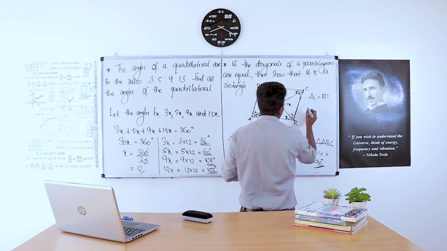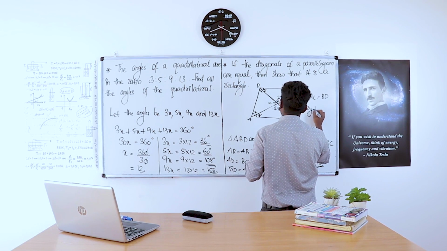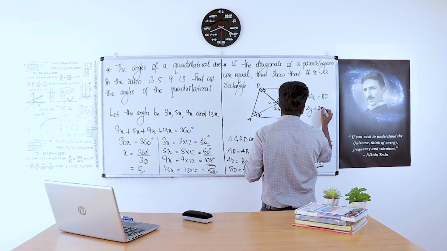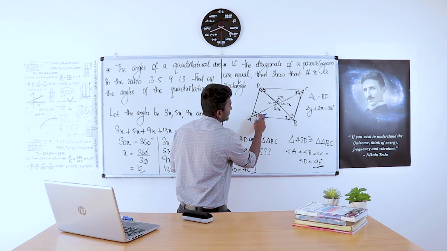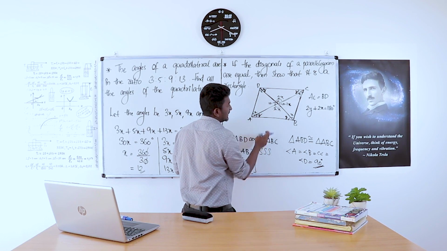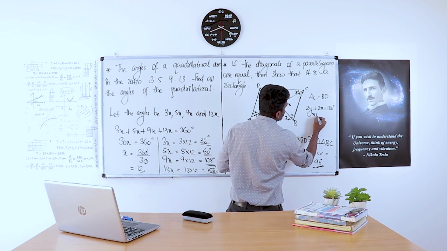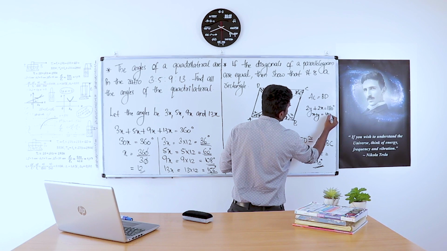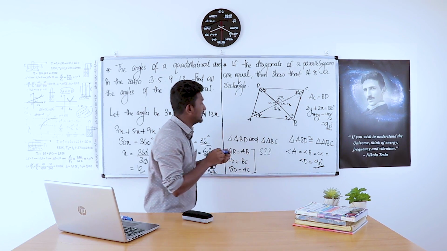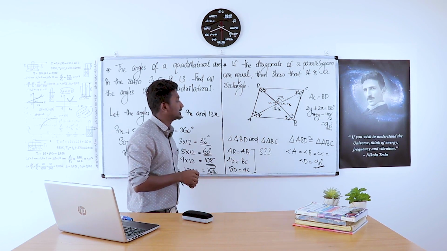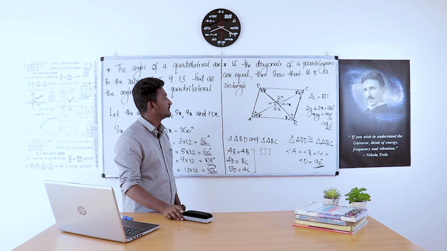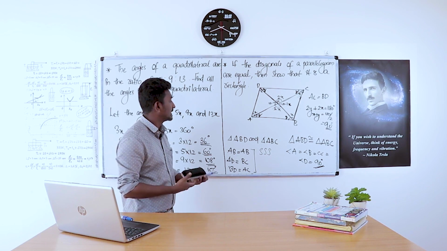We can say y plus y, 2y, plus 2x is equal to 180 degrees. This is a triangle: y plus y is 2y, and this is 2x. So what is x plus y? x plus y is 180 by 2. It is 90 degrees. Look, all the angles we have are x and y. x plus y is 90 degrees. That is simply proved. Clear?